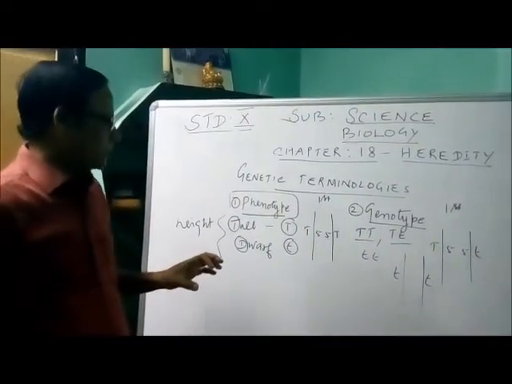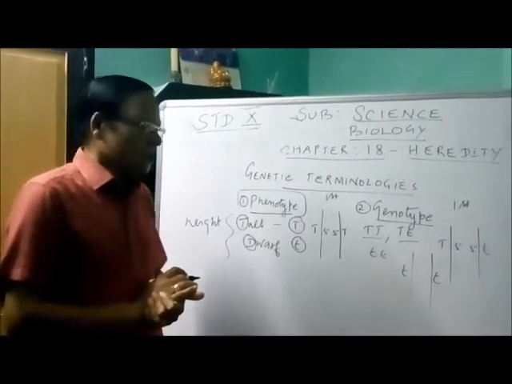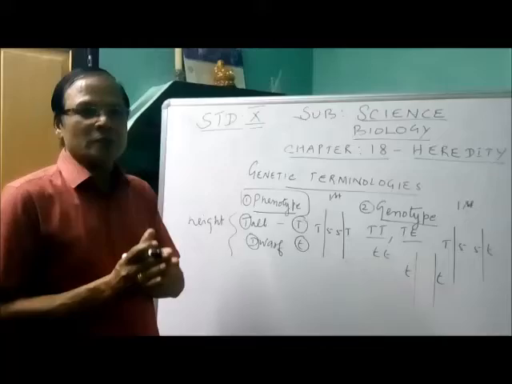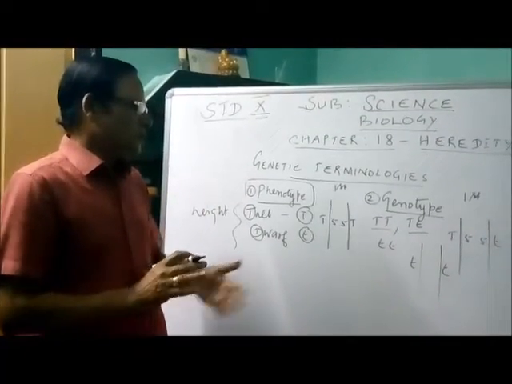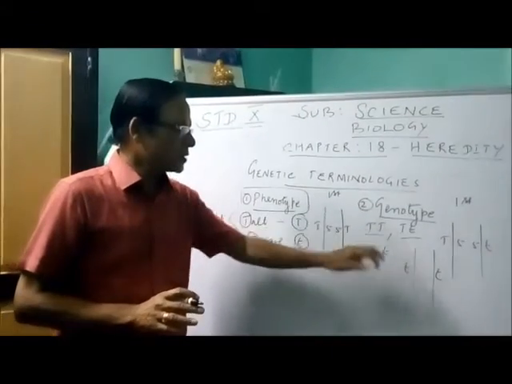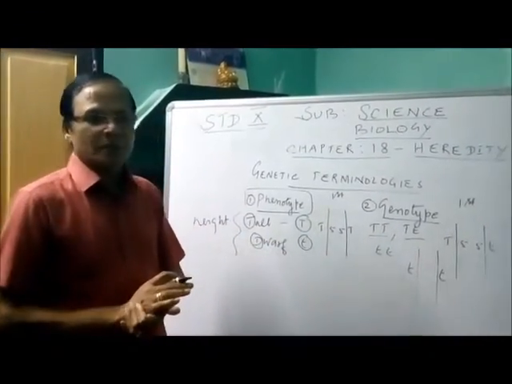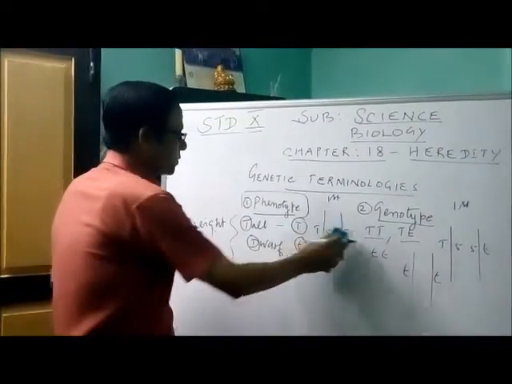So this condition represents the genotype, the genetic constitution of a particular trait responsible for the expression of that particular character. The genotype may have the same letters or different letters. Accordingly, we have two different types of genotypes.